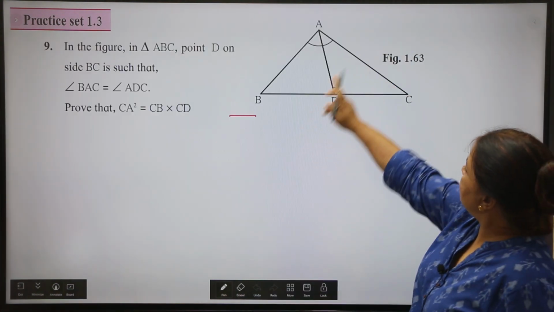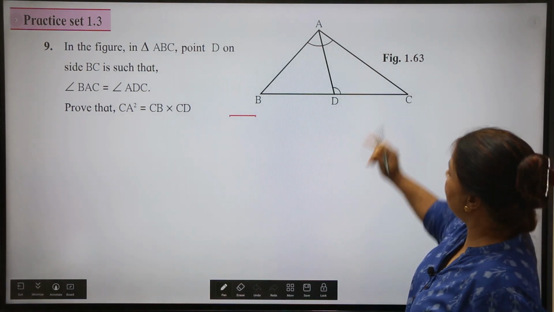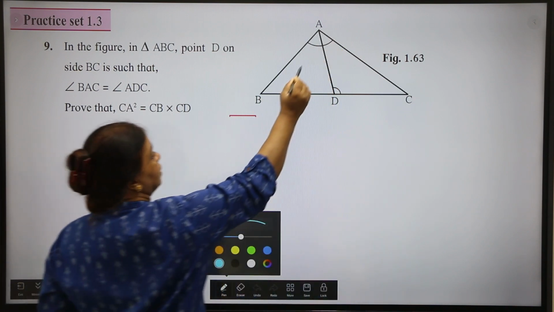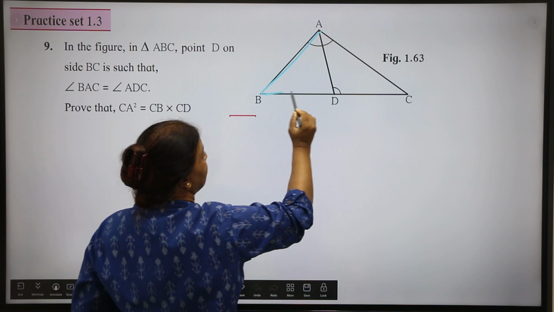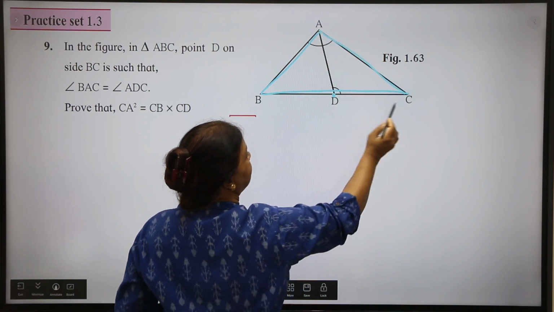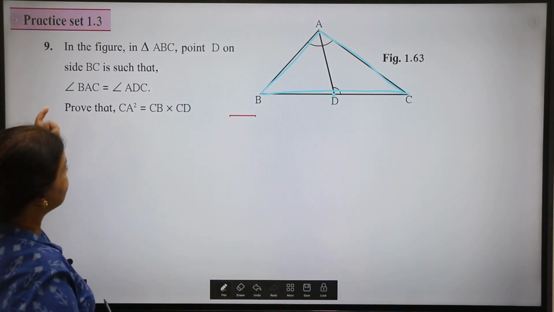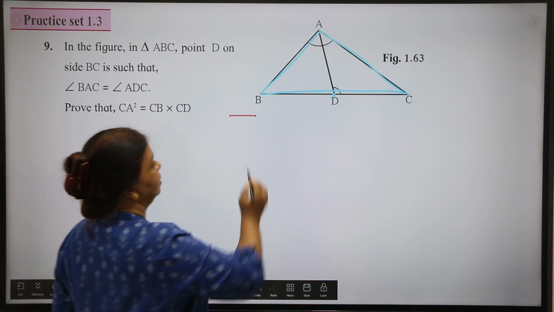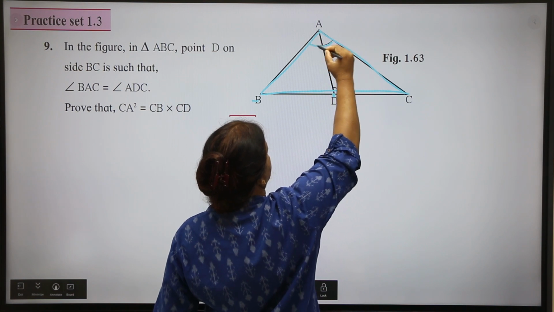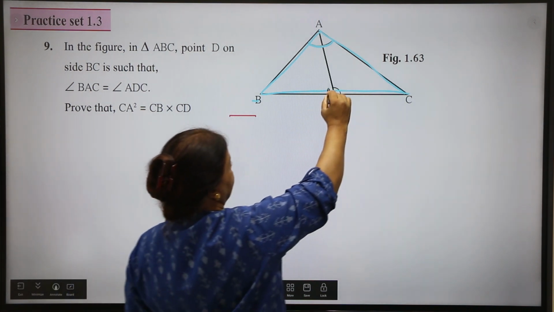In the figure, triangle ABC, point D is on the side BC. This is your triangle ABC, and point D is on side BC in such a way that angle BAC, this big angle, is equal to angle ADC, this small angle.